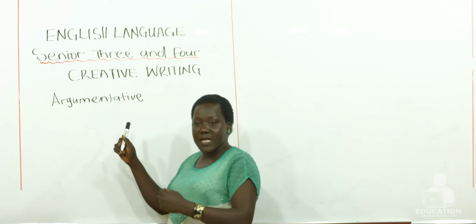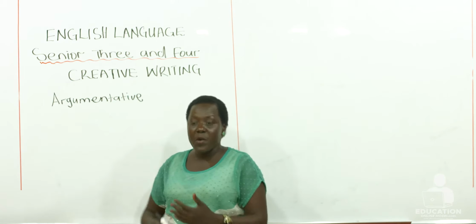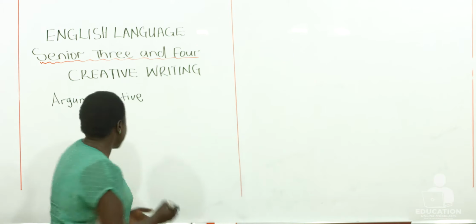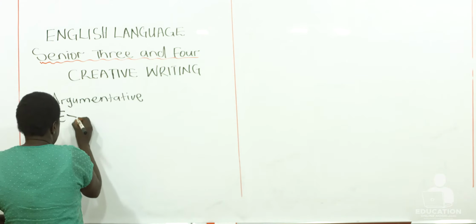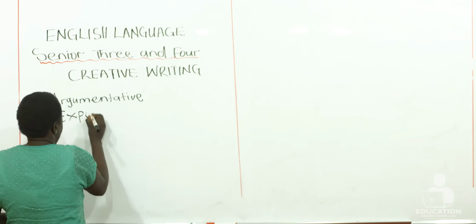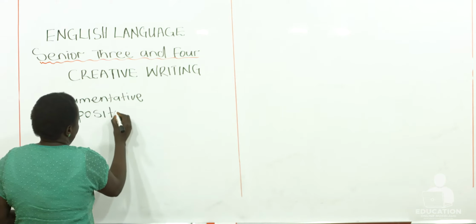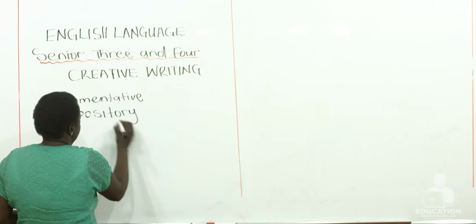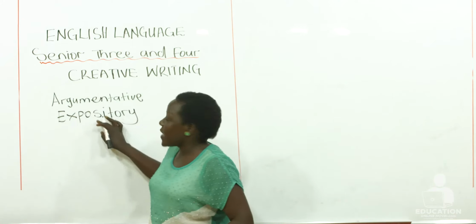But first, let us write together the word expository from the word exposed. It is spelled as E-X-P-O-S-I-T-O-R-Y. Expository. It is from the word to expose.